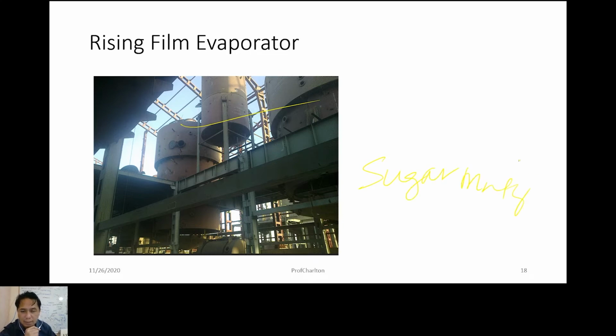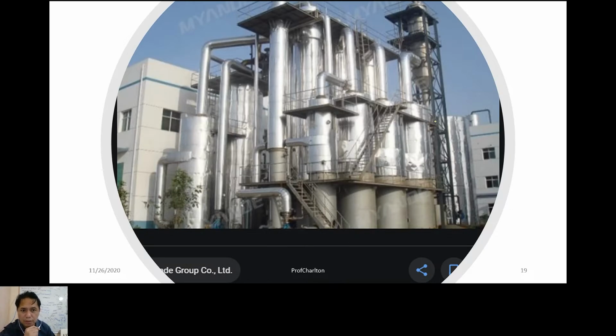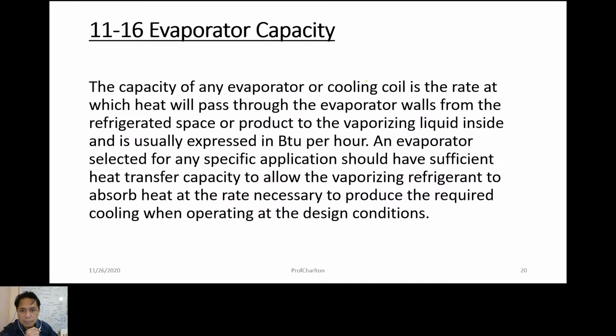And there are many evaporators used in petrochemicals, oil and gas, paggawa ng alcohol, ng mga beer, brewery, mga pabango, lahat ng liquid processes involves evaporator. In this case, it is a multiple evaporator. But our focus is the evaporator used in the refrigeration system.